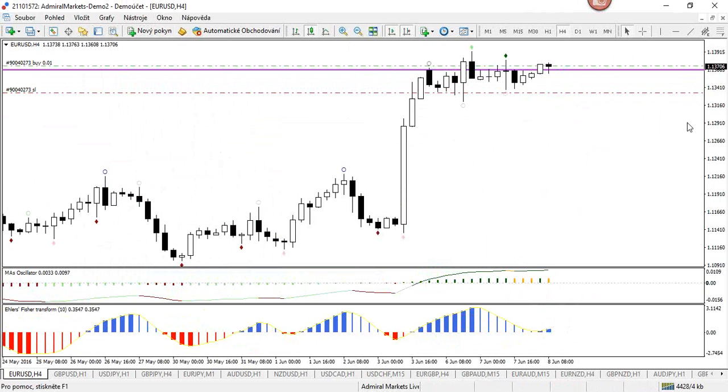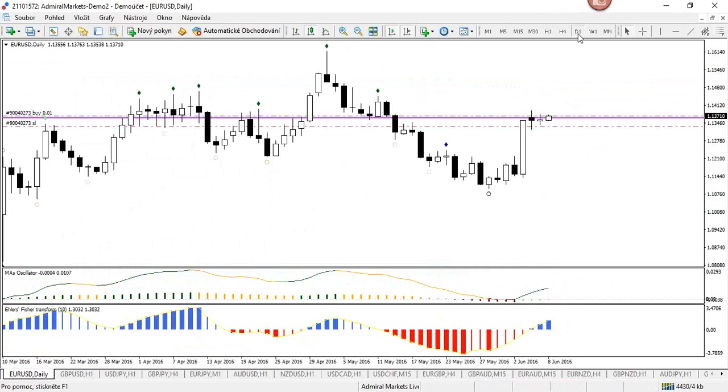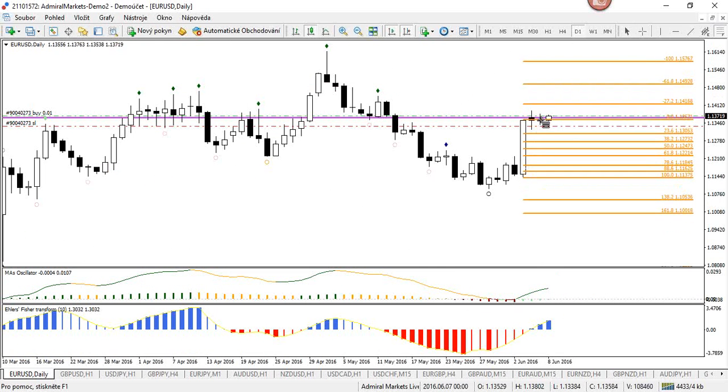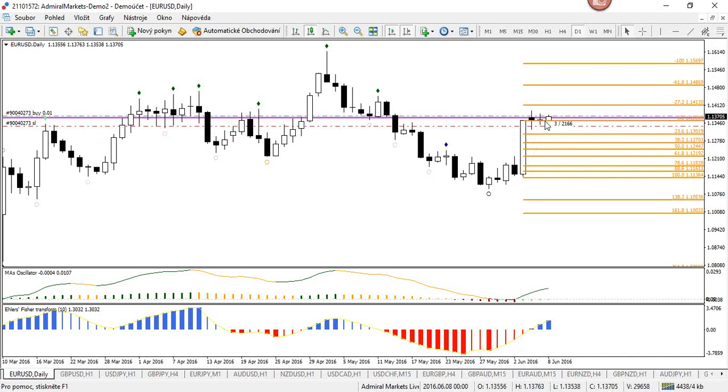All right. Target, let's take a look at targets. I think we can still keep this fib on this candle, the strong daily candle. We should at least hit the minus 272, if not the minus 61.8.